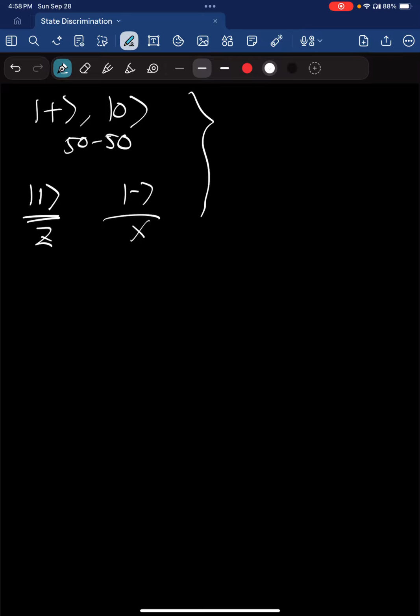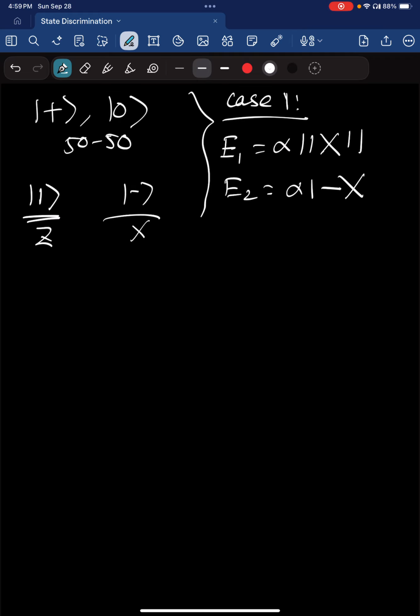And the solution is, hey, we can. So the case one is where we can allow the inconclusive outcome. So what we can do is define this. Let's say this is alpha |1⟩⟨1| and this is alpha |−⟩⟨−|. Now you can say that if we get the result E2, then this is definitely the zero state.